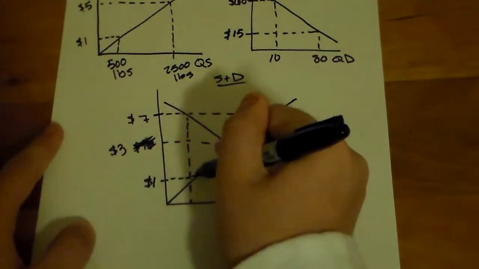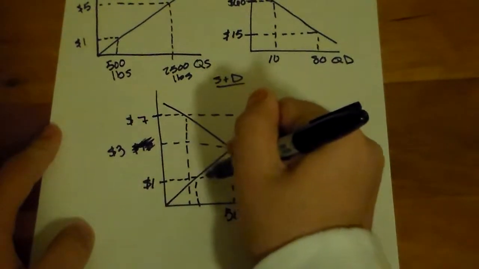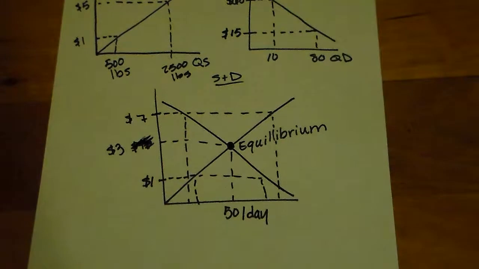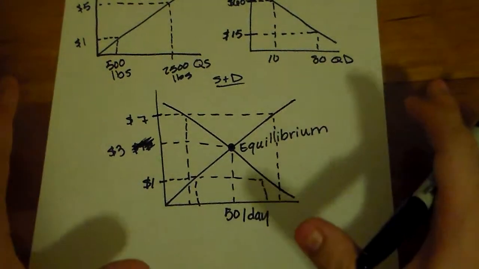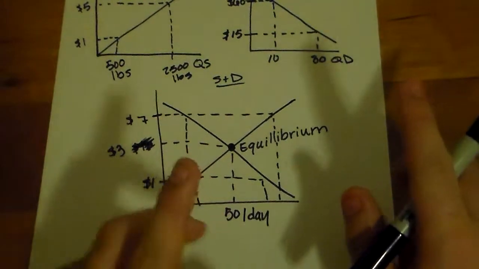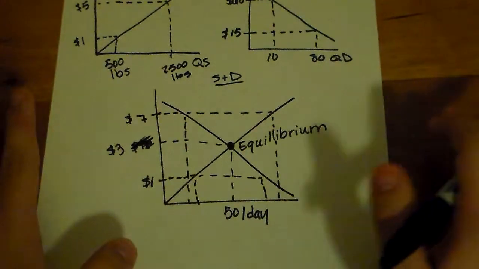You would draw this over to the supply and draw over to the demand. Now that I have set this up into a more complicated thing, but don't get worried, because this is easy.